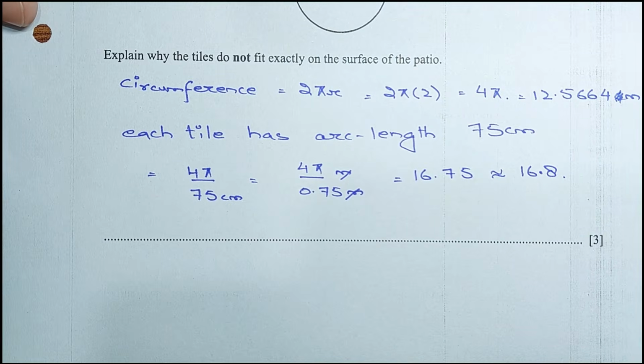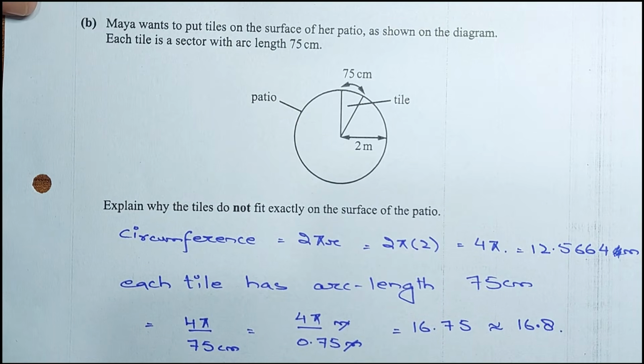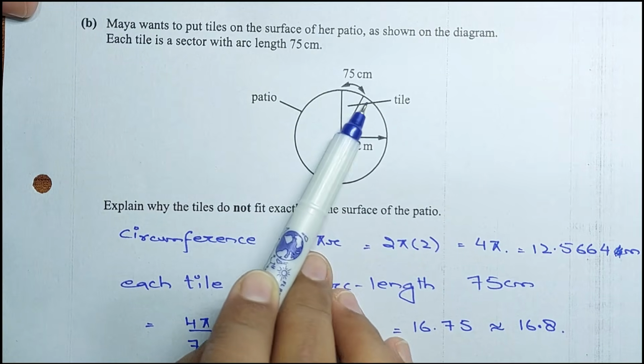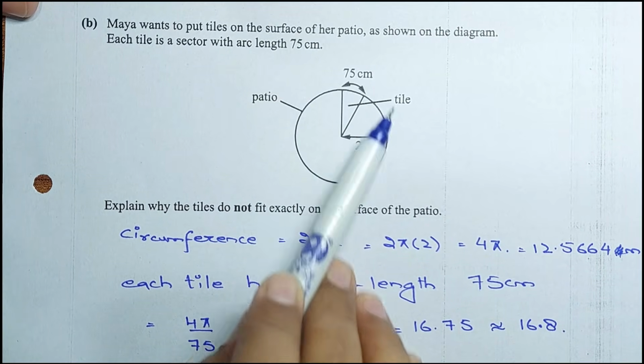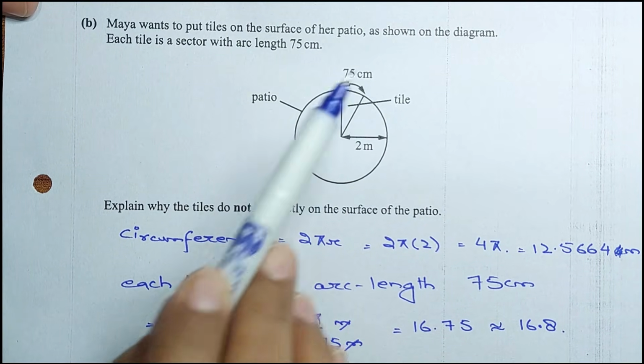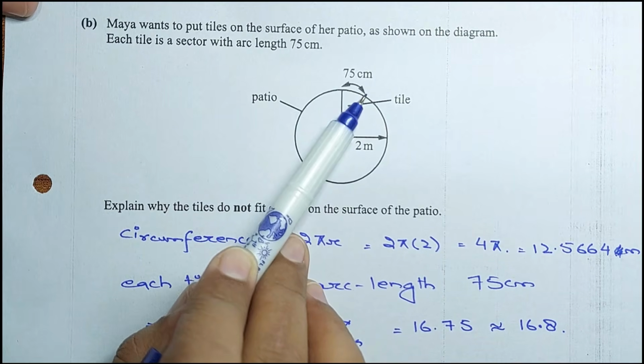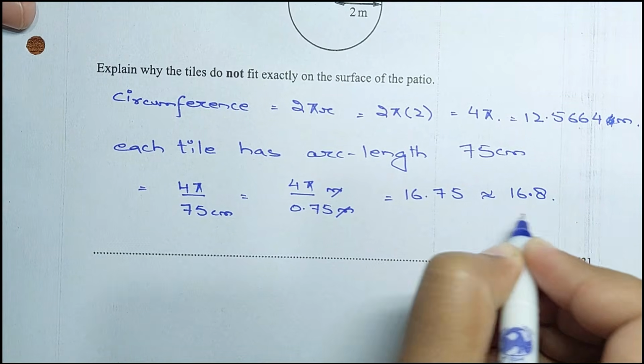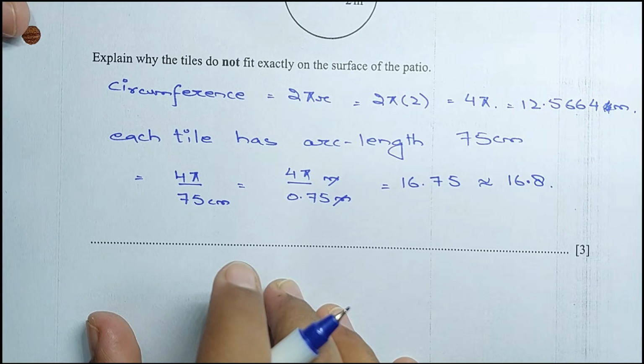All right, so as you can see, each tile is a sector. This is one tile, this is a sector of a circle. There are other tiles as well. So the whole circumference is 2 pi, and the circumference of one tile is just 75. So you can see the whole circumference for all the tiles is 16.8, right?